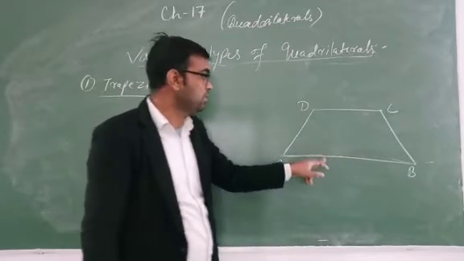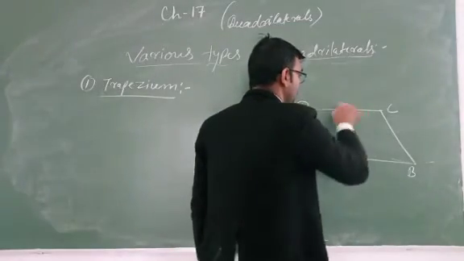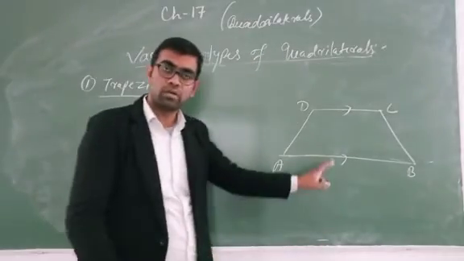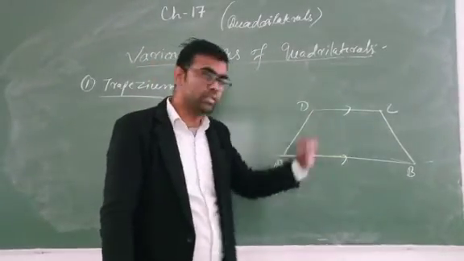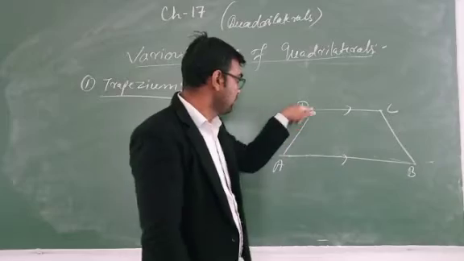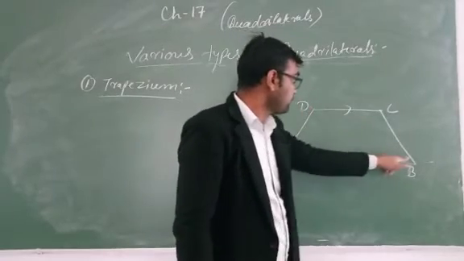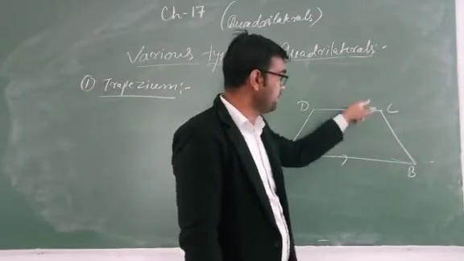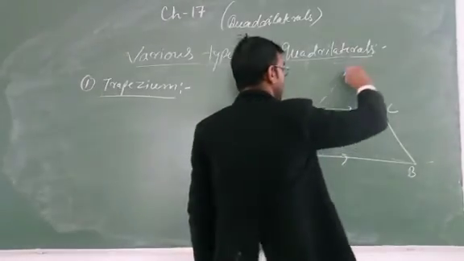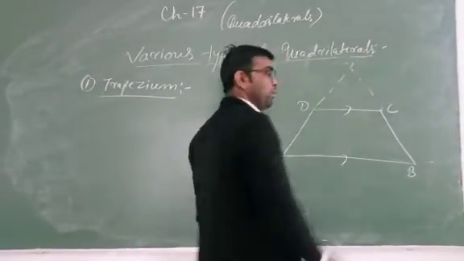So here AB is parallel to DC. But AD is not parallel to BC, because when you extend them, they will meet.